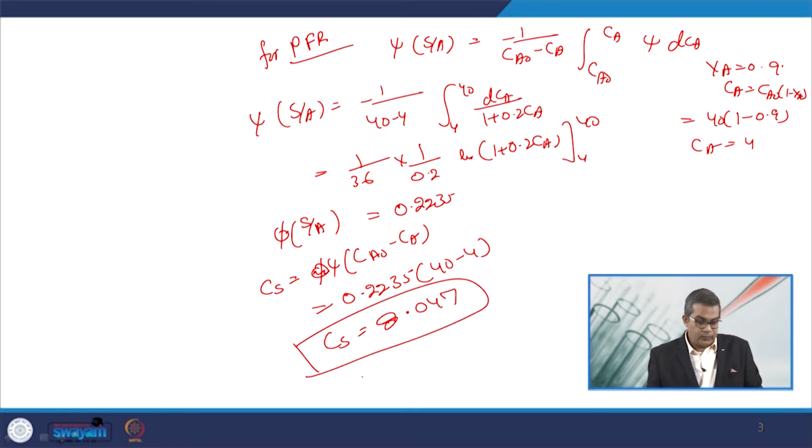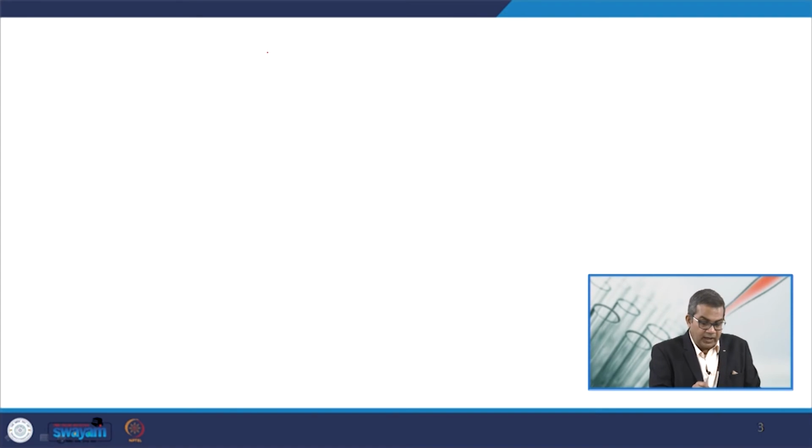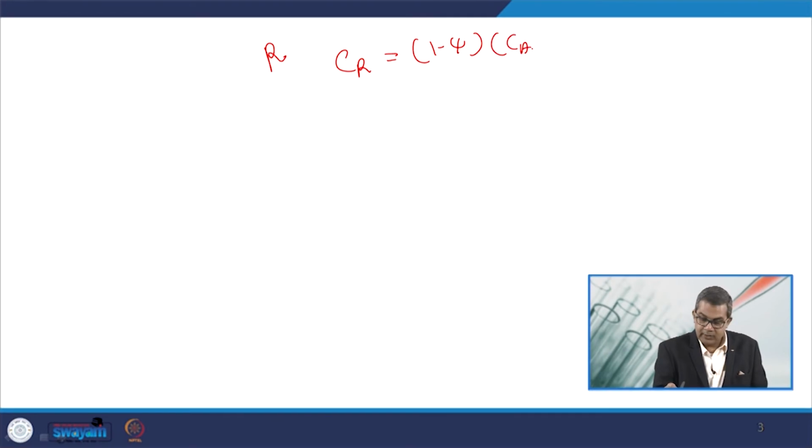Now for R, Cr is equal to (1 minus psi) into (Ca naught minus Ca), so Cr is equal to (1 minus 0.2235) into (40 minus 4), and Cr comes out to be 27.954.